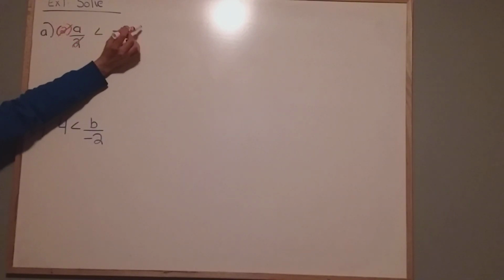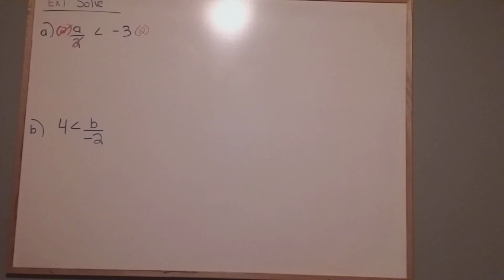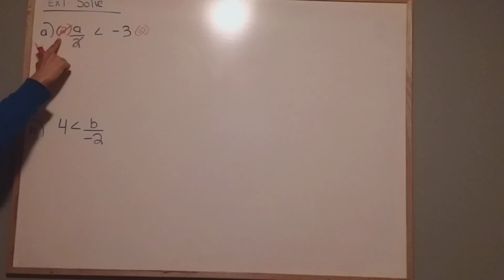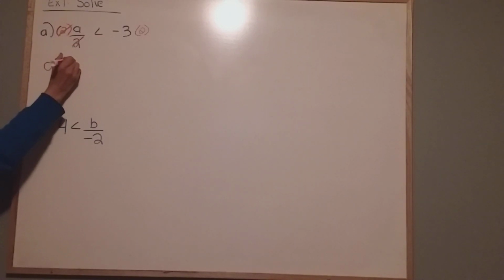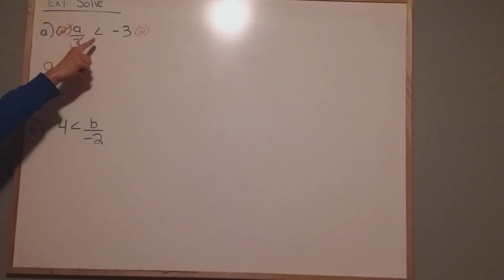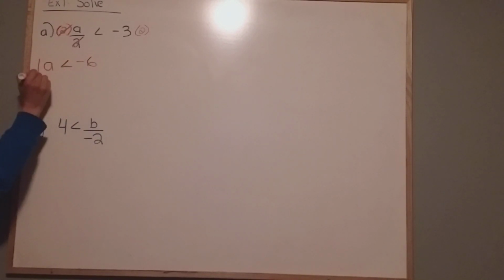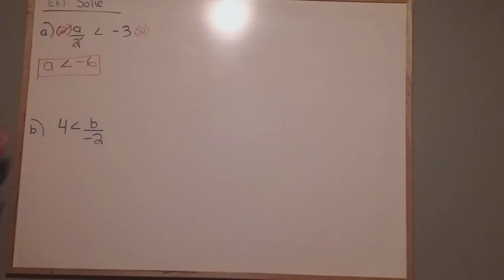So I have to multiply by 2 on the opposite side as well. So here I have a left over. Because I'm multiplying by a positive number, my inequality stays exactly the same. And then negative 3 times 2 gives me negative 6. So my final answer is a is less than negative 6.